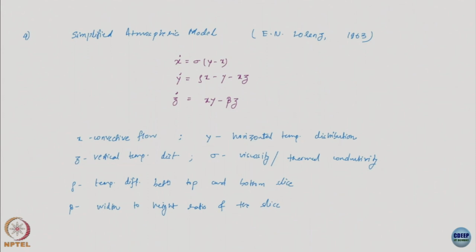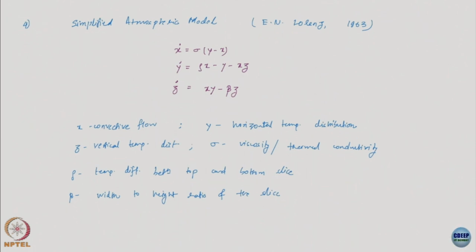So there is a state variable representing the flow, and correspondingly there are variables which tell you how the temperature distribution in the atmosphere would be. This might be interesting for folks who are looking at how weather patterns are going to change, because you are looking at how the temperature distribution in the atmosphere is changing.